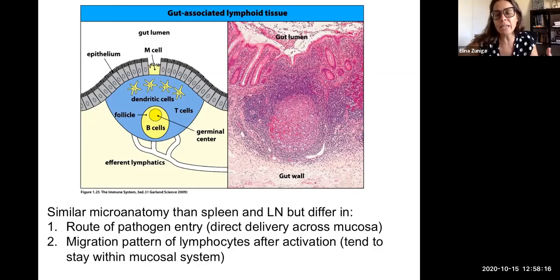And that makes sense because if they've been activated in the gut, the pathogen is probably one whose route of entry is oral. And so it makes sense that the T cells will stay in the gut to fight this pathogen that causes infection through oral inoculation or oral contact.